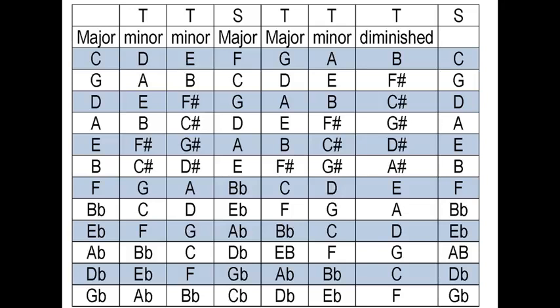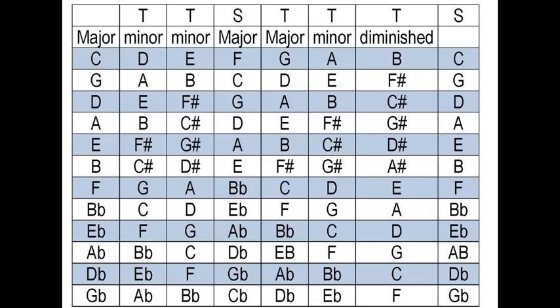Now, let's just say you want to figure out what key your song is in. You have no idea. You've always played these chords, but you don't know what key it's in. So, first of all, just think of the chords that are in your song. Let's just say your song has a G, C, and a D, right? Look across your second row, find the three majors.